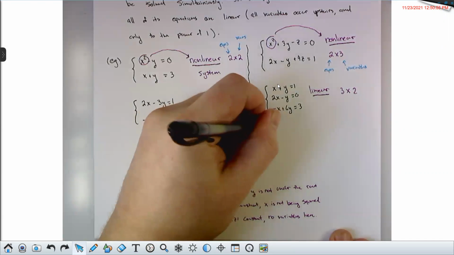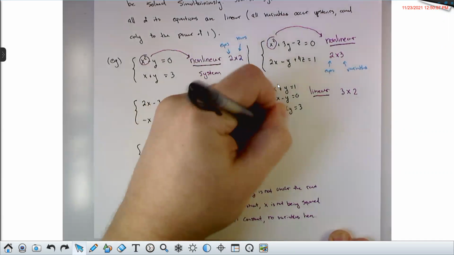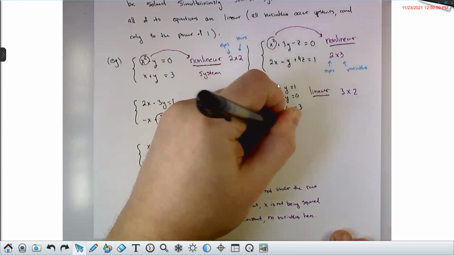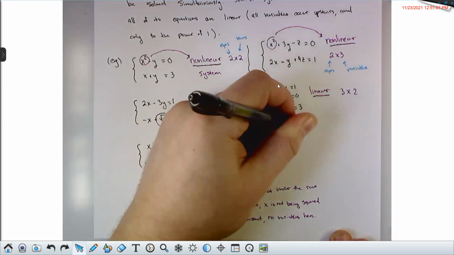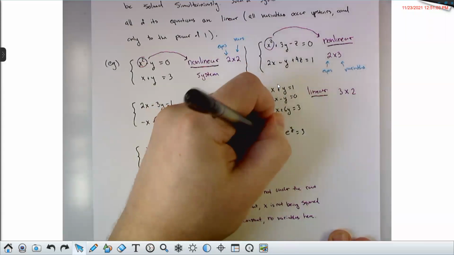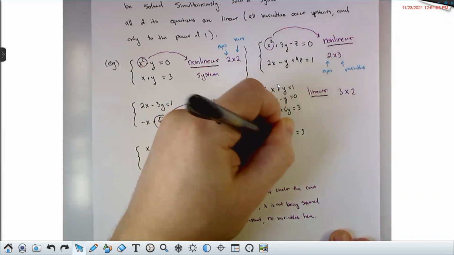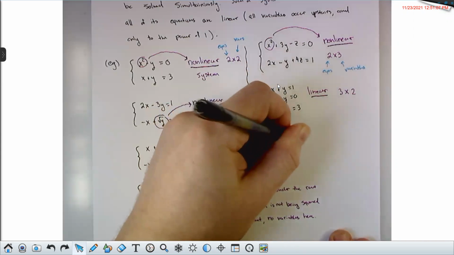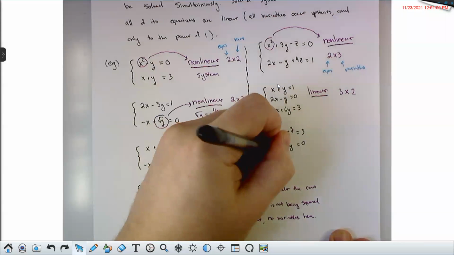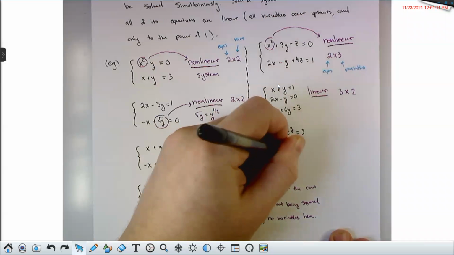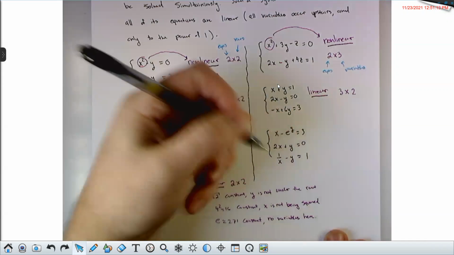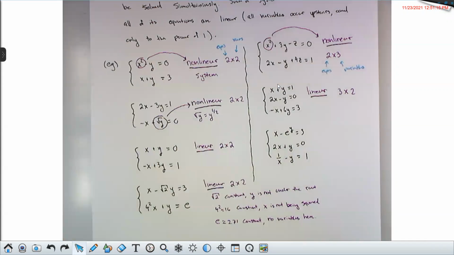I don't mean to be annoying, but like x minus e to the y equals 3, or 2x plus y equals 0, or 1 over x minus y equals 1. This would be a nonlinear 3x2.